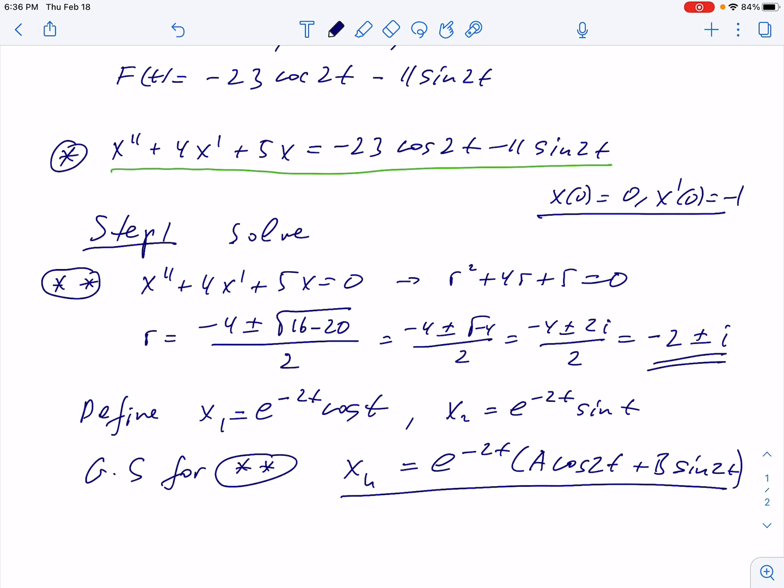If we have no outside force, I'm sorry, let's make a correction here. I was carried away. It's not cosine 2t, sine 2t, just cosine t and sine t here. So quickly removing this, let me make this better.